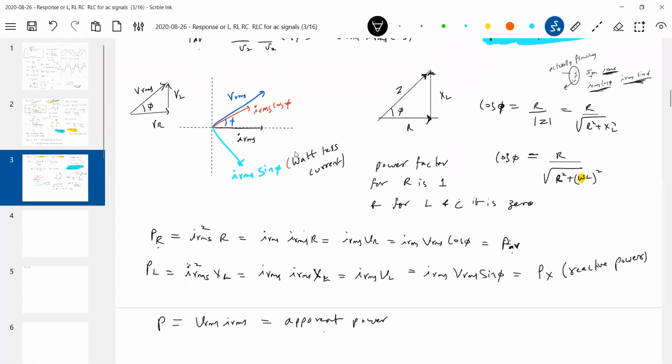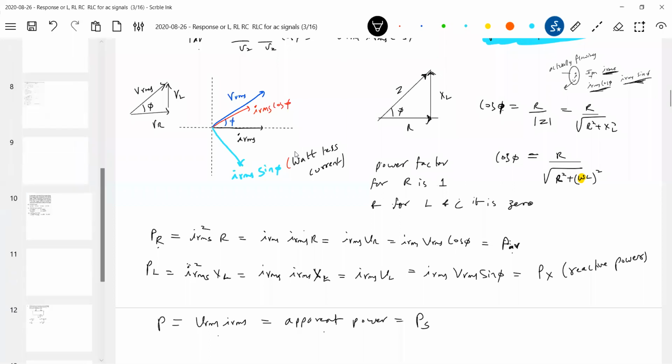We'll give the symbol P apparent, PS, right? Power supplied. The battery feels that it is supplying this much power, but how much is consumed? Only VR, and the remaining across the inductor will be returned back, no?